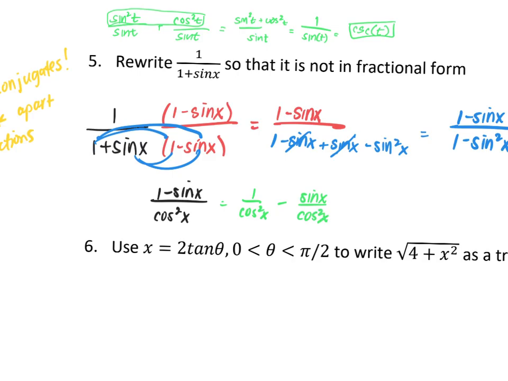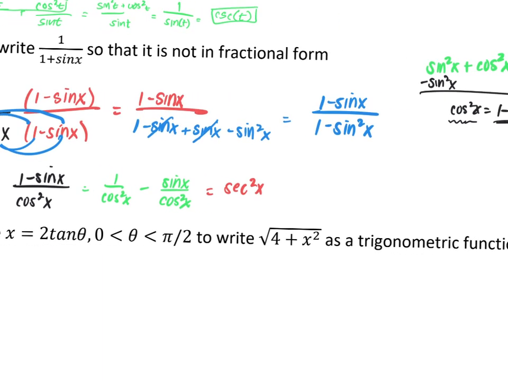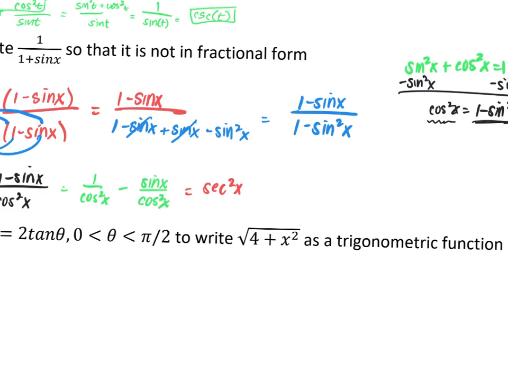Okay, and then the first term, the reciprocal of cosine squared is secant squared. And then I'm going to write this as sine x over cosine x times cosine x. And we really have a tangent right here, and then times 1 over cosine.